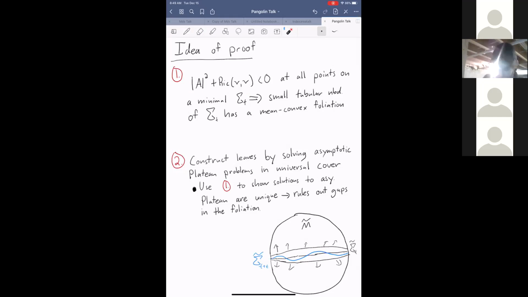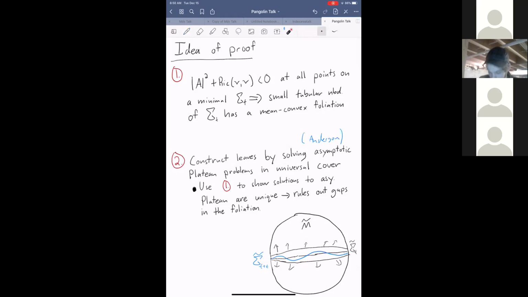So I'll just say briefly how this all works. We follow the approach of Anderson to solving the asymptotic Plateau problem. What we do is lift everything to the universal cover, right? So we have some surface sigma sub t in one of the foliations, where we're assuming we're good up to time t. This is a bit like a method of continuity argument.